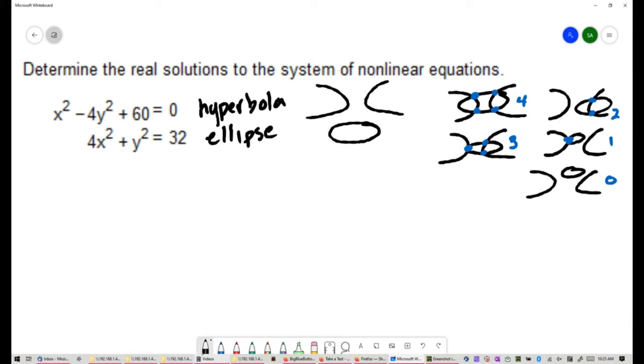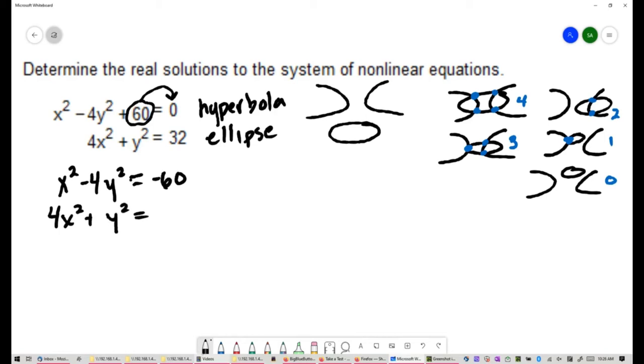So the only thing that's not lined up right now is our constants. So I'll move that 60 to the other side, and that would give x squared minus 4y squared equals negative 60. Then I have 4x squared plus y squared equals 32.